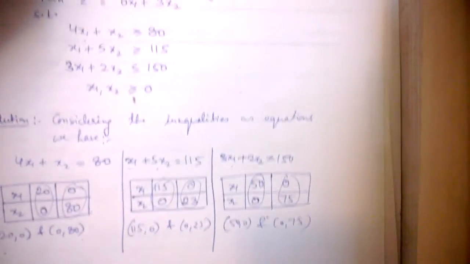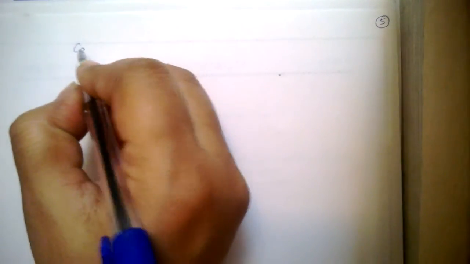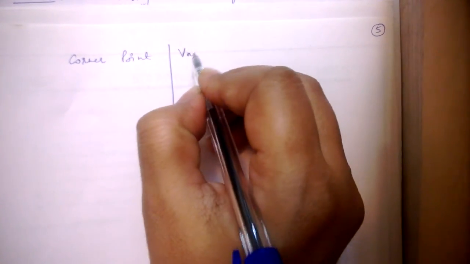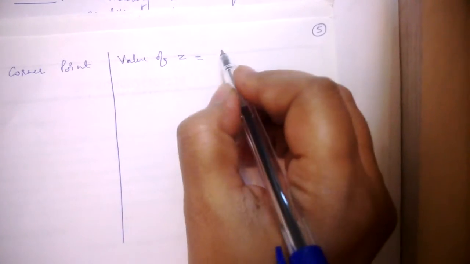So we'll draw a table where we'll write down the corner point and the value of z. And what is z? z is 6x1 plus 3x2.